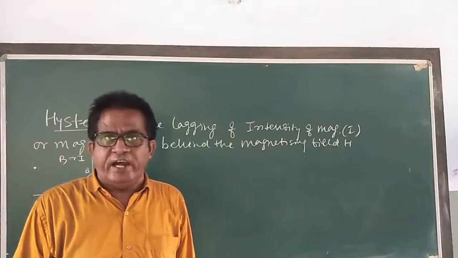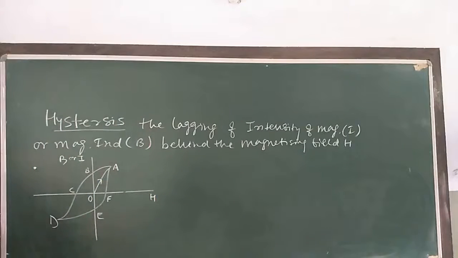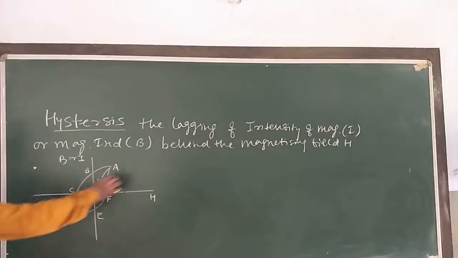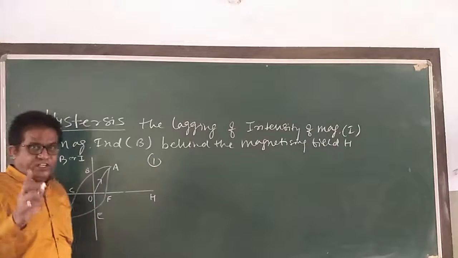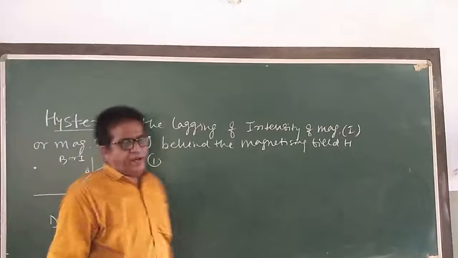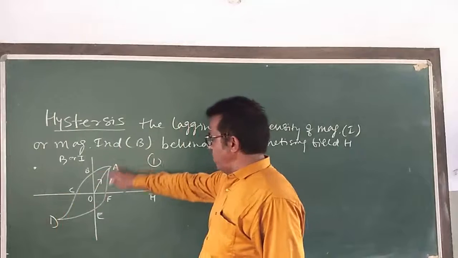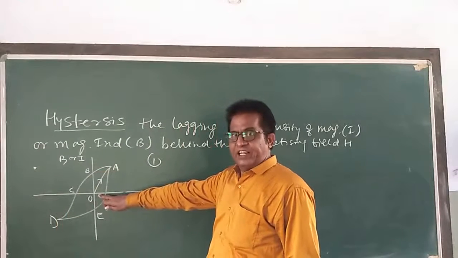At the point O, the magnetizing field H is 0, and the intensity of magnetization or magnetic induction is also 0.